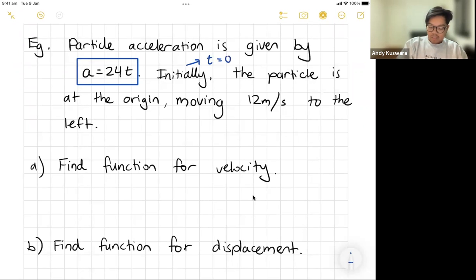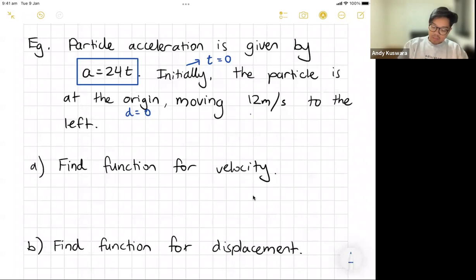I hope some of you said that in class, otherwise it would have been this awkward silence. The particle is at the origin. Origin means what? Hopefully displacement is 0. If you didn't say 0, unlucky. And it's also moving 12 meters per second to the left.